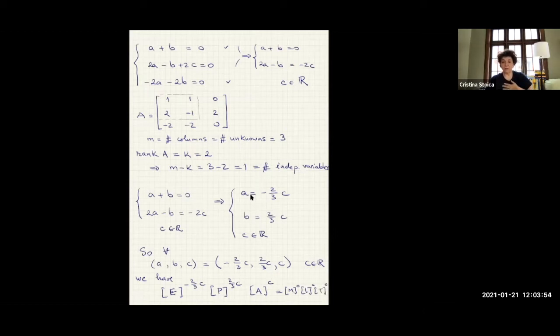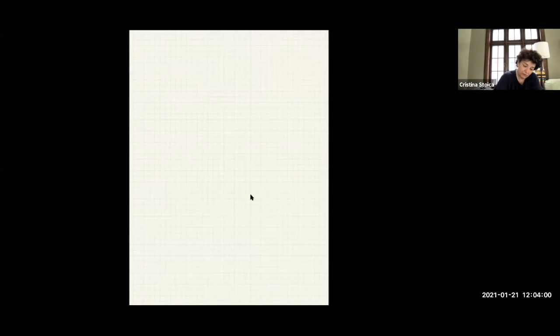All right, so this being said, I'm gonna go back to the initial problem, or initial phenomenon. So we had f(E, P, A) equals 0, and we got the number of independent variables to be 1.